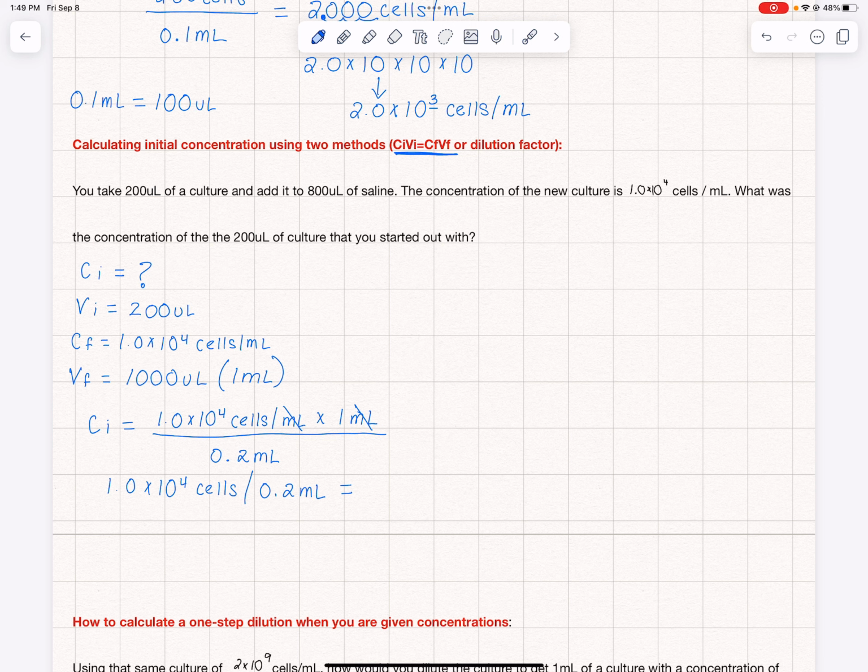So the answer that we would come up with would be 5 times 10 to the 4th cells per mL.